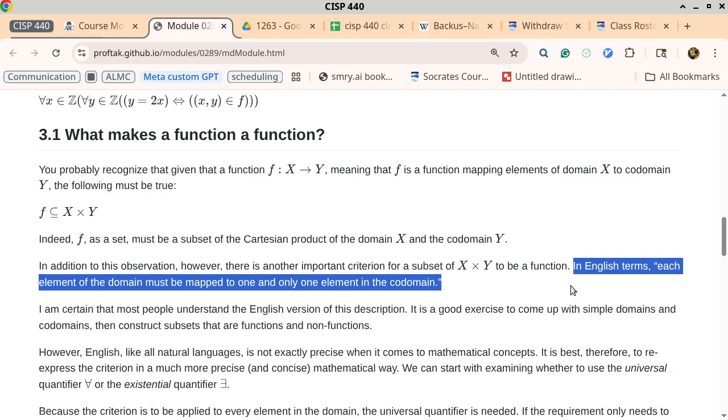The answer is yes, we're good, right? Because 1 maps to B, and is B an element of Y? Yes, okay. And is that the only one that it maps to? Yes, okay. So it has met this requirement.